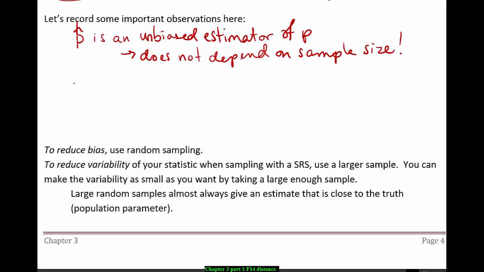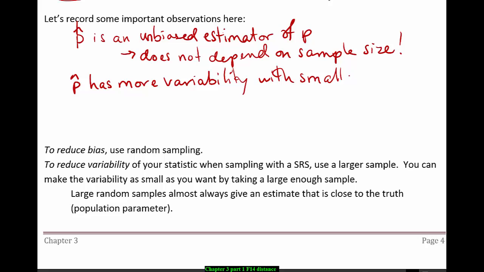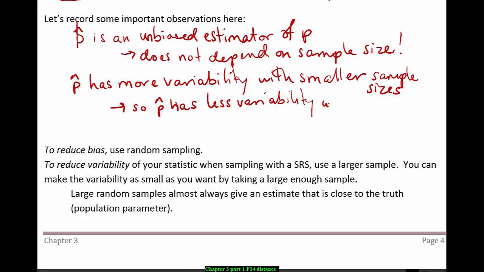However, p-hat has more variability. That is, the estimate swings more from sample to sample with smaller sample sizes. And vice versa. So p-hat has less variability with bigger sample sizes.